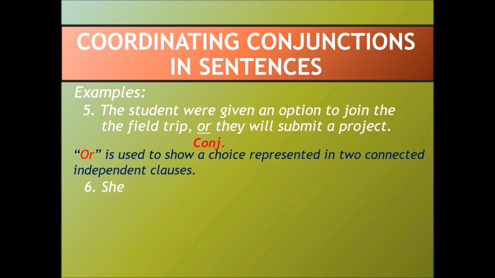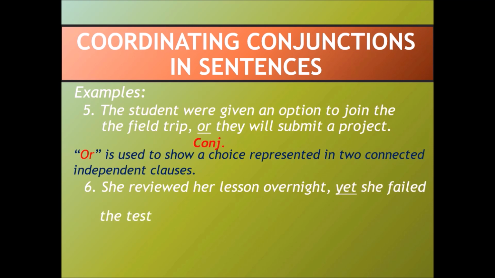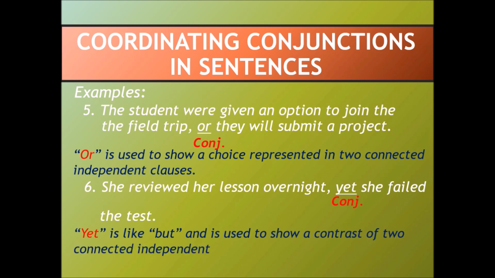The sixth one is she reviewed her lesson overnight, yet she failed the test, where yet is another coordinating conjunction. Yet is like but and is used to show a contrast of two connected independent clauses. Conj stands for conjunction.